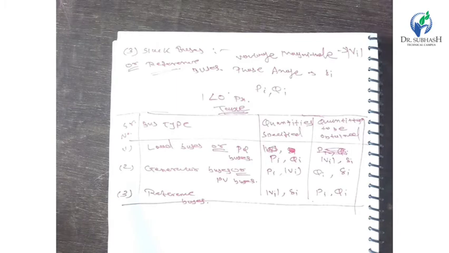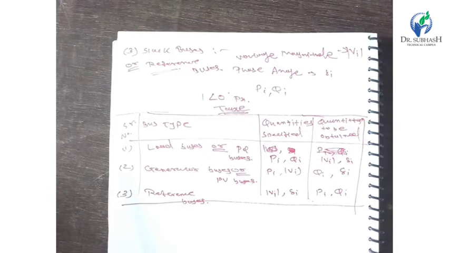Here a question arises for the bus classification: why is one of the buses taken as a slack bus in load flow studies? It is a very important question. Here is the answer.